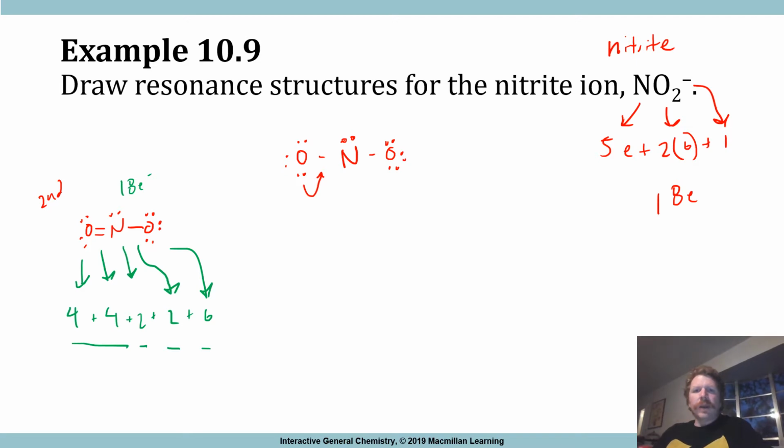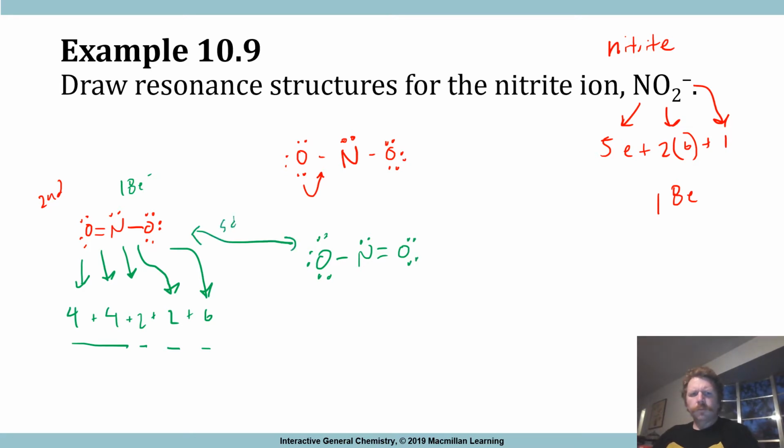And so if I compare that to this structure right here, are these the same? They both have complete octets for every single atom. The difference is the placement of that double bond. I've drawn it on the left-hand side versus drawing it on the right-hand side.